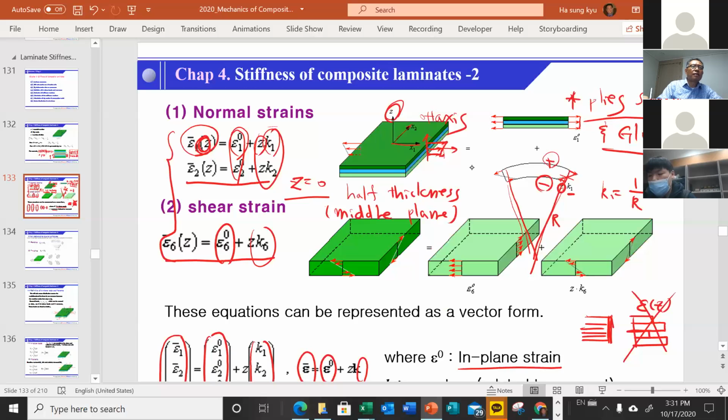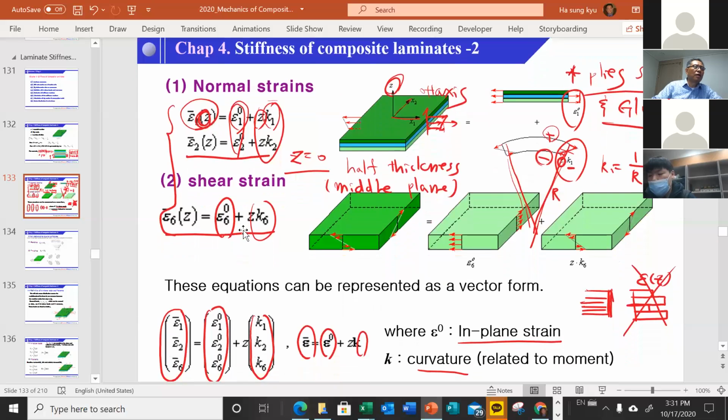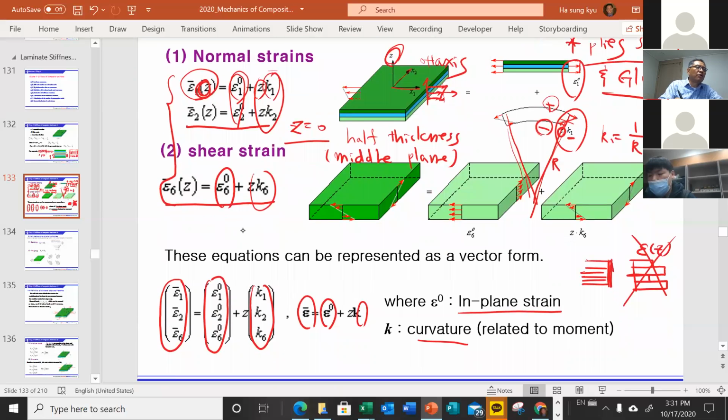In that case, the deformation is always uniform plus a linear form. Only two physical quantities, uniform and linear bending terms, and there is a Z. And Z equals 0 is always located in the middle plane.